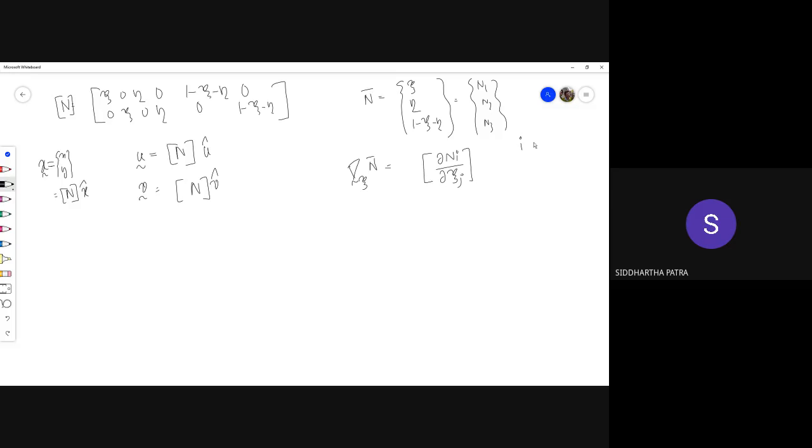So i ranges between 1, 2, and 3, and j ranges between 1 and 2, and xi1 is xi, and xi2 is eta.